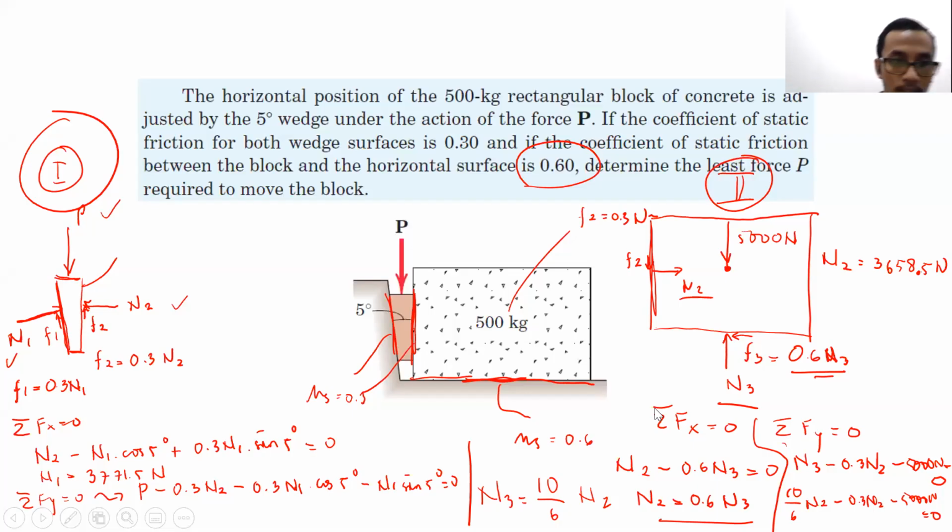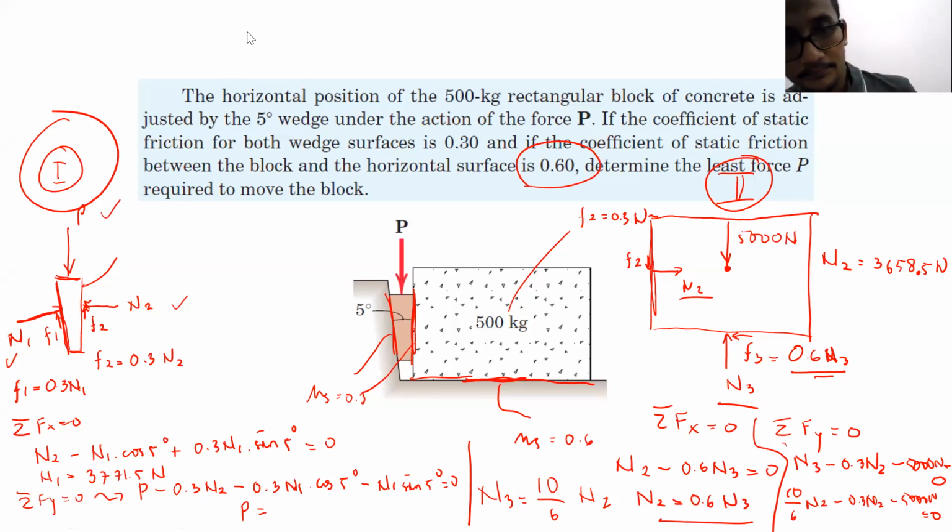What is the value of P there using this calculation? Can anyone help me to find the value of P here?